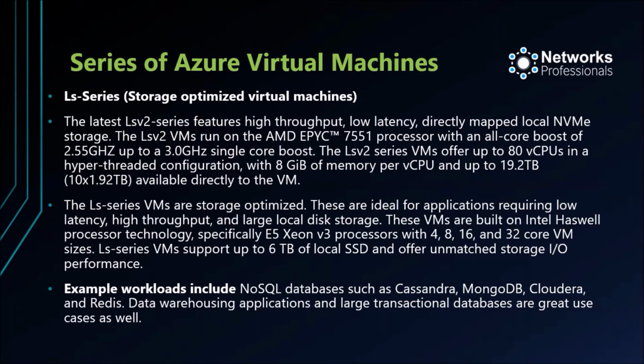LS series VMs support up to 6 TB of local SSD and offer unmatched storage I/O performance. Some example workloads include NoSQL databases such as Cassandra, MongoDB, Cloudera, and Redis. Data warehousing applications and large transactional databases are great use cases of LS series as well.